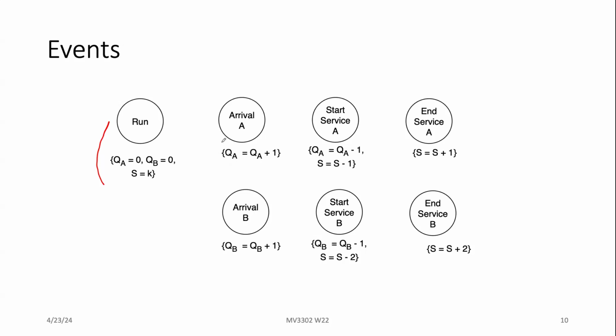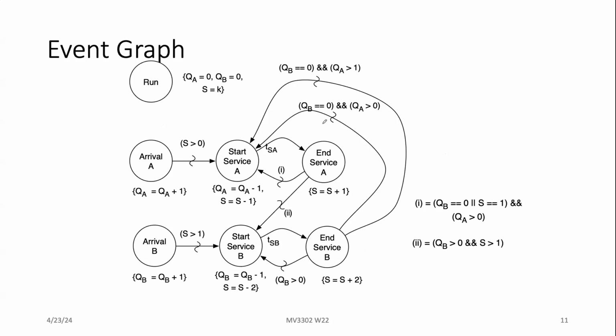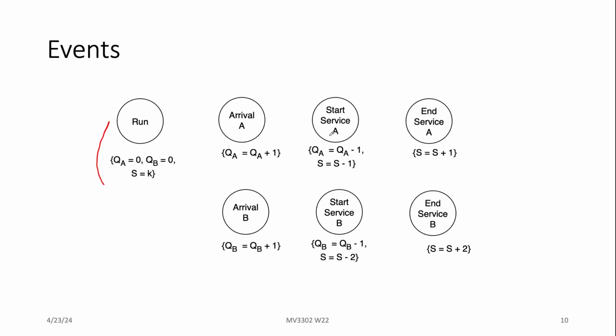So we can always write something down. And again, we've got arrival A, okay, increment that. Arrival B, increment that. Not a problem. Okay, now A's, they just need one server. But the type B's, they need two servers. So when I start service on a type B, I take away two of them.